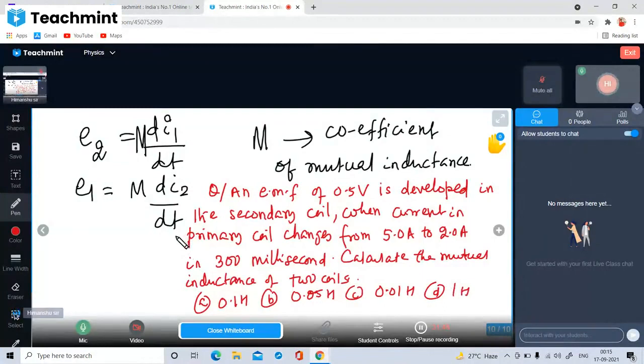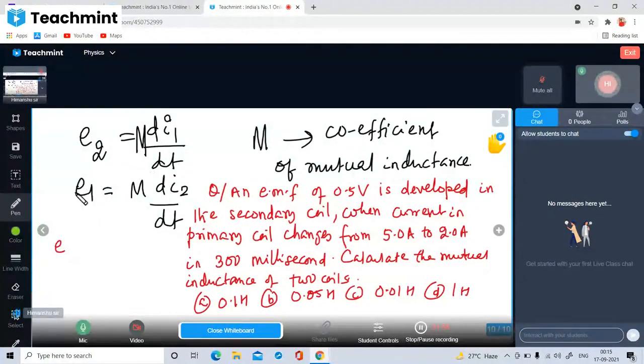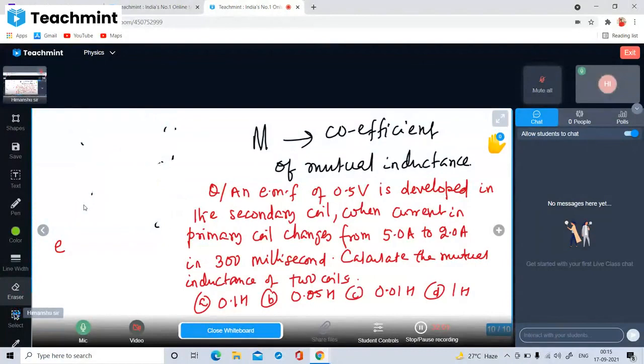So EMF E2, let's write in green. Let's wipe out those things. Okay, so what is there?